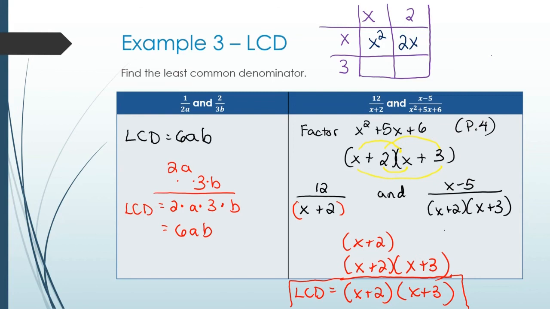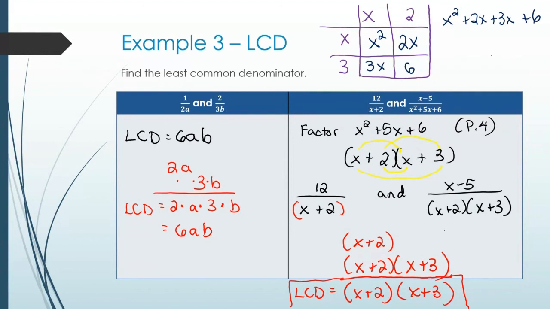Then I multiply my second row by the column. So that's 3 times x, and those get attached together. And then 3 times 2 gives you 6. So when you multiply these, you get x squared plus 2x plus 3x plus 6. It's just being a little delayed here.